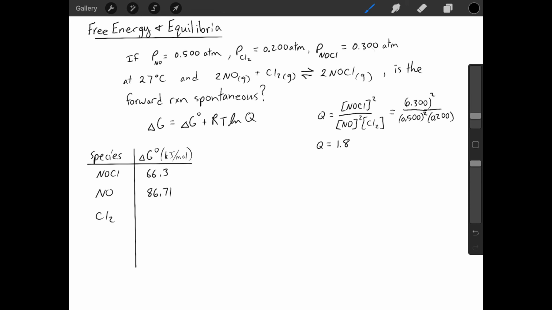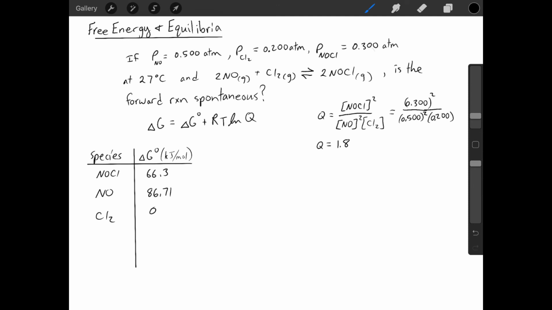So you could look up in the back of your textbook or in a formula sheet on a test the delta G naught values for a number of different species. The NaOCl's delta G is 66.3 kilojoules per mole, the nitrogen monoxide's is 86.71, and depending on the table you've been given, you may or may not find a value for chlorine gas.